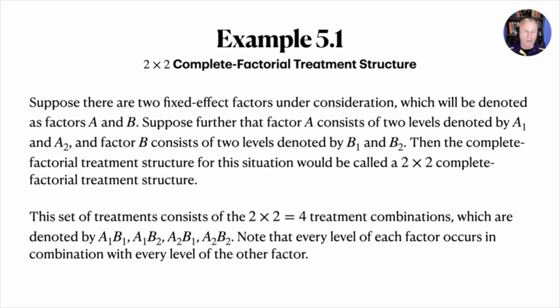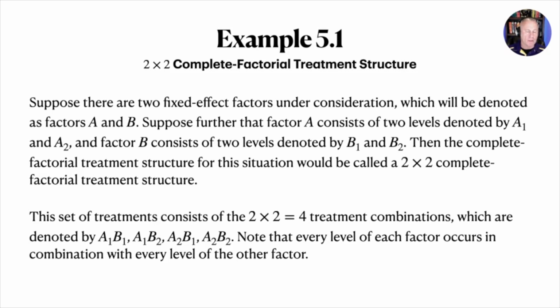Suppose further that factor A consists of two levels, denoted by A1 and A2, and factor B also consists of two levels, denoted by B1 and B2. Then the complete factorial treatment structure for this situation would be called a 2x2 complete factorial treatment structure.